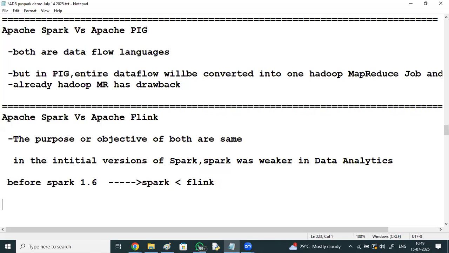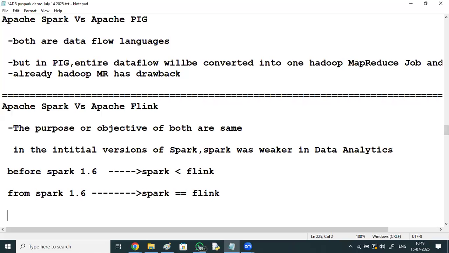But from Spark 1.6, some powerful libraries were introduced for machine learning, for graph algorithms, for SQL kind of querying. So Spark was made almost equal to Flink.